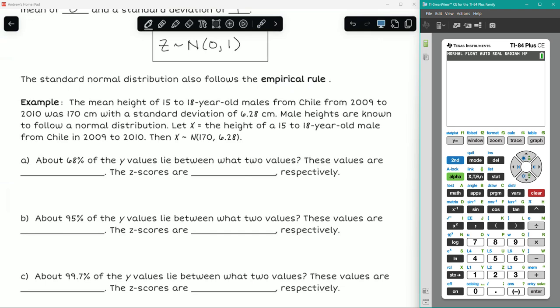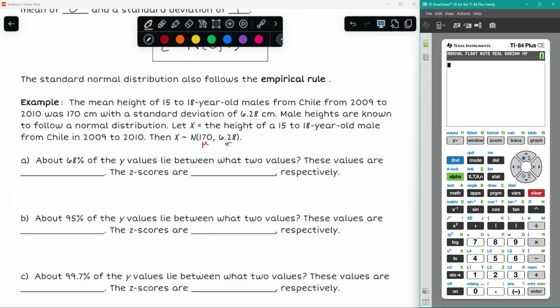Let x equal the height of a 15 to 18-year-old male from Chile from 2009 to 2010. Then x follows a normal distribution of 170 and 6.28. So we know our distribution of heights is normal, 170 is my mean, 6.28 is my standard deviation.